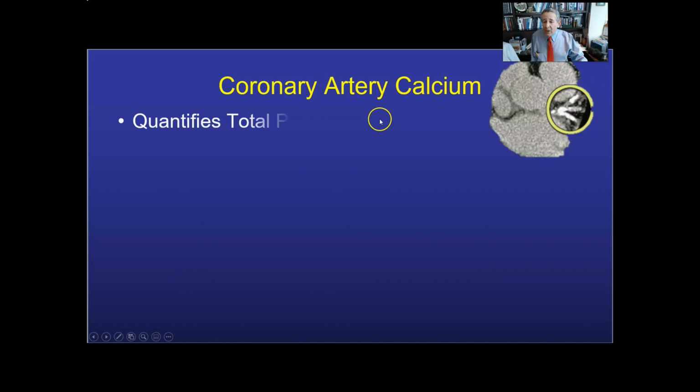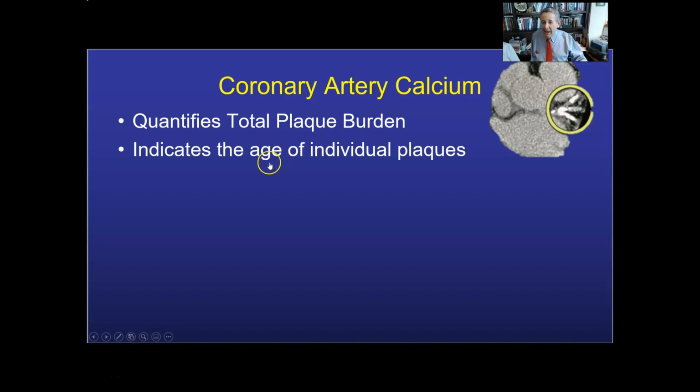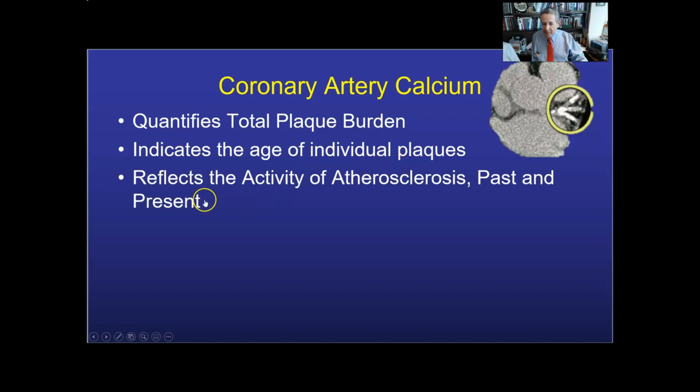So coronary artery calcium, first, it quantifies the total plaque burden. Atherosclerotic plaque, it's fat, it's calcium, it's scar tissue, but the amount of coronary calcium reflected in the calcium score reflects the total plaque burden. And it also indicates the age of individual plaques, as we're going to see.